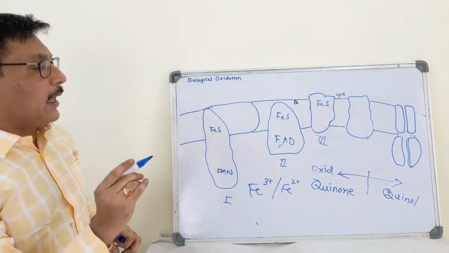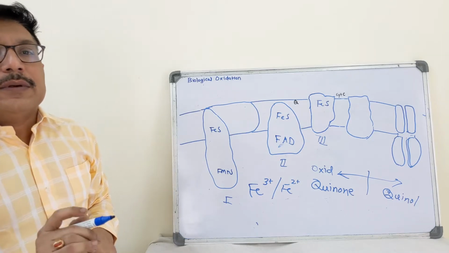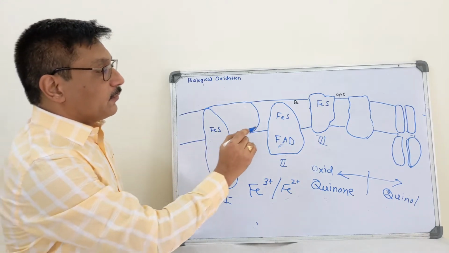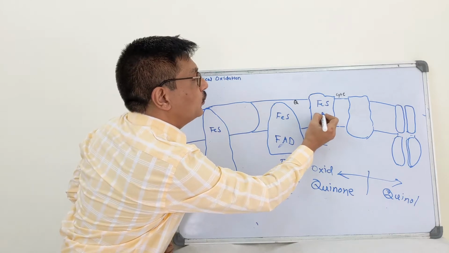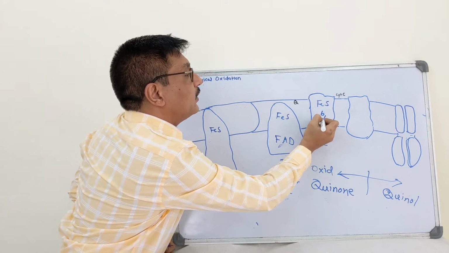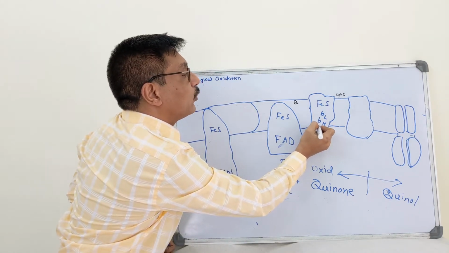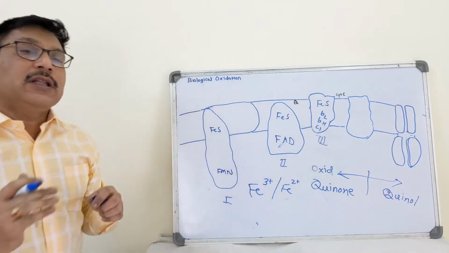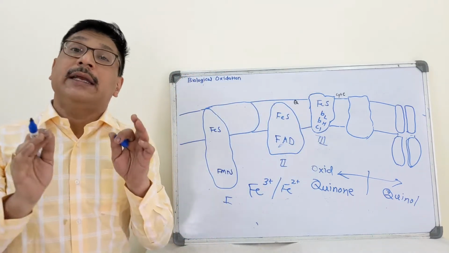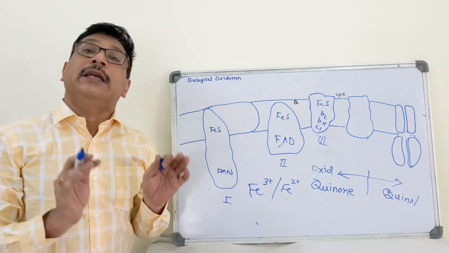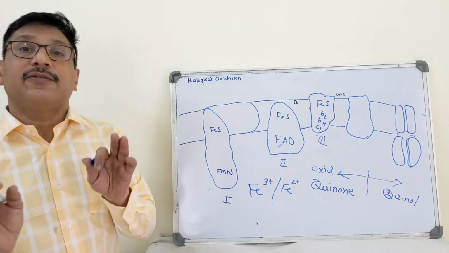Also present in this complex are various cytochromes, including cytochrome Bl, cytochrome Bh and cytochrome C1. What are cytochromes? Cytochromes are heme containing compounds, or hemoproteins, which contain ferrous iron.